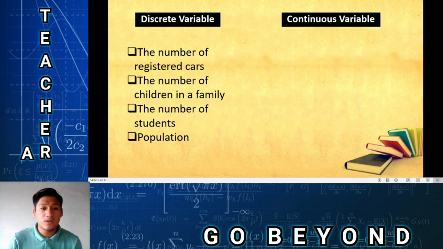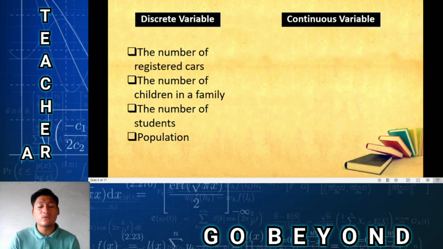We count the number of registered cars in a normal way, like 1, 2, 3. And the number of students. Of course, when we are counting the number of students in a classroom, we have a whole number, an exact whole number. We are not counting in 1.1.